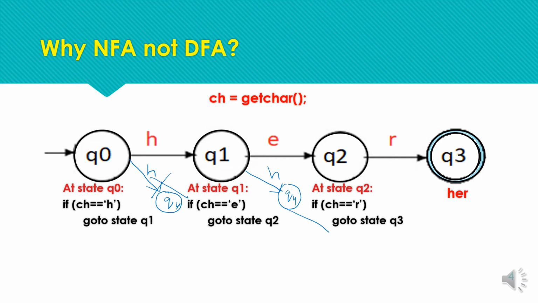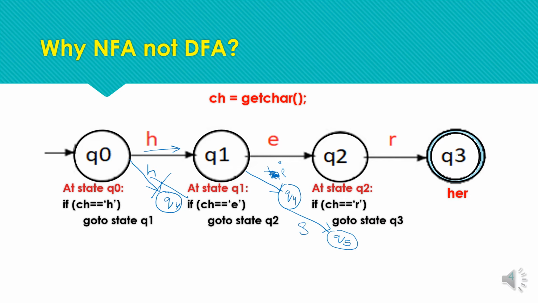Sorry, this should not be H, this should be I, because we have covered H over here. For the word "his", H is received from Q naught. Now we have to mark a transition for the next symbol, that is I, and from that I we can move to another state for the check of S.